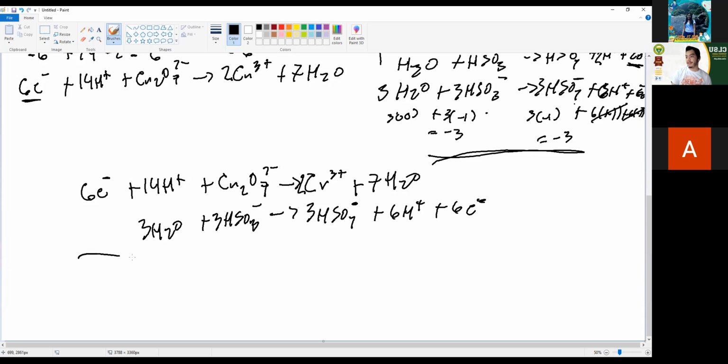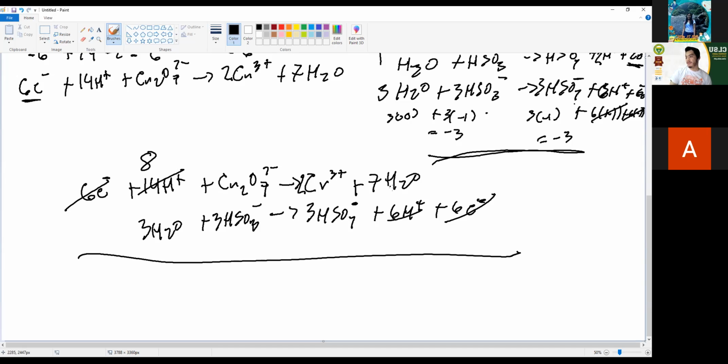So para tayo nag-add. Ayan. So cancel yung 6 electrons kasi meron kang 6 electrons sa both sides. So you have 14H here, you have 6H here. So 14 minus 6, ang matitira, 8. You have 7 water here, you have 3 water here. So cancel. So 7 minus 3 is 4.